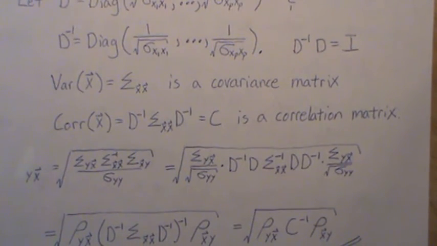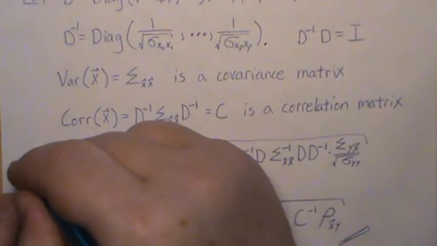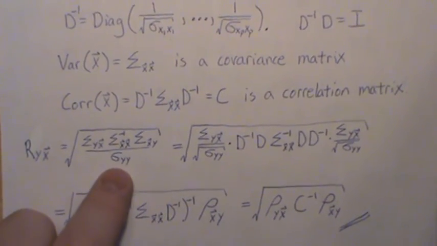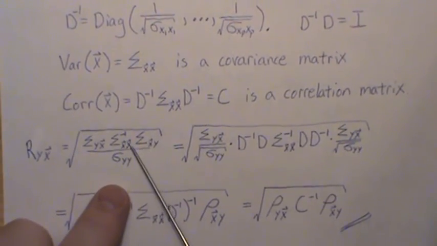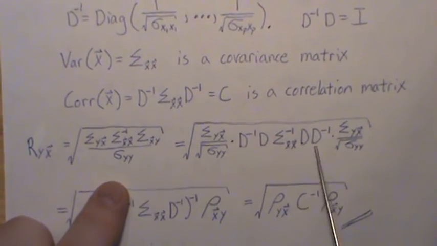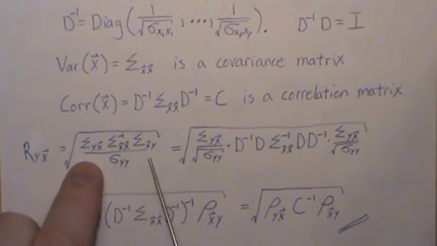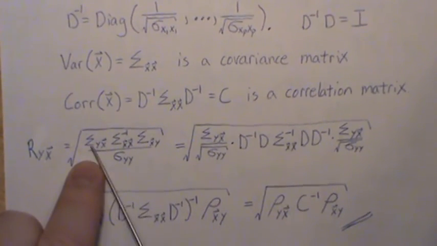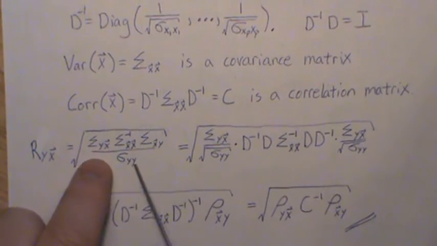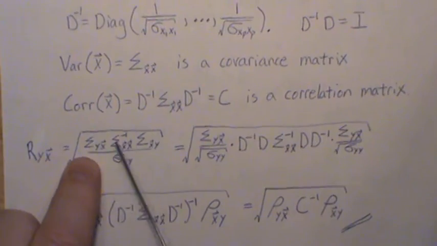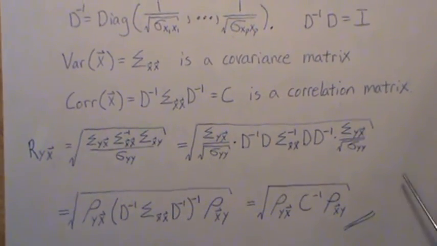So, to develop the second equation, this is from definition 1. And what we're going to do is put the identity matrix here and here. That's what we do here. And then we're going to split this into 2 pieces, take the square root of each and put it under these vectors. When you're dividing by a constant, it can go into each component, but we're going to write it like this.